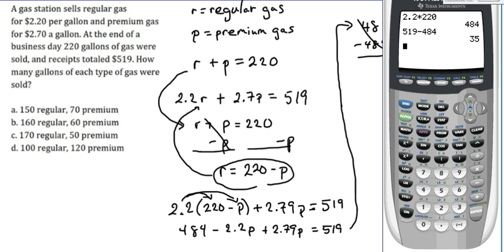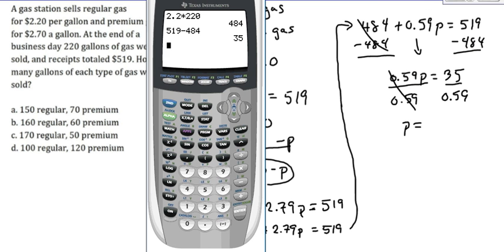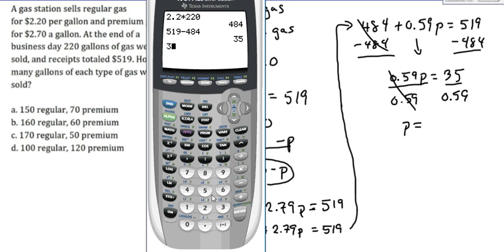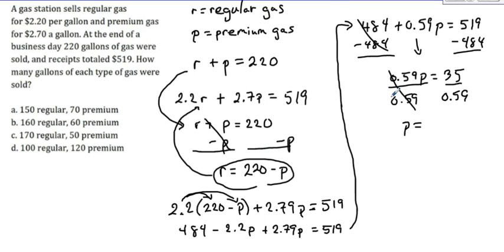So let's bring up the calculator. 35 divided by 0.5, and we get 59.3. All right, so the amount of premium gas we get is 59.3.